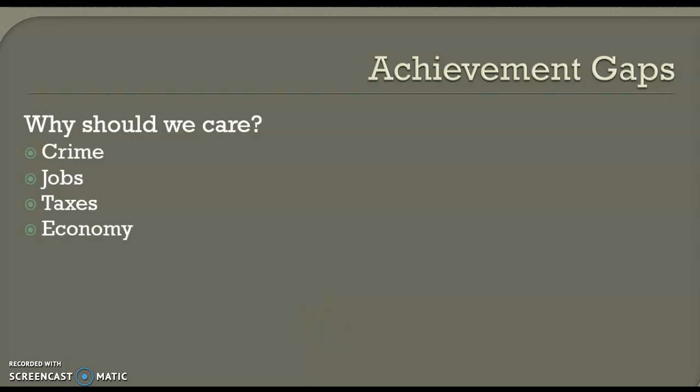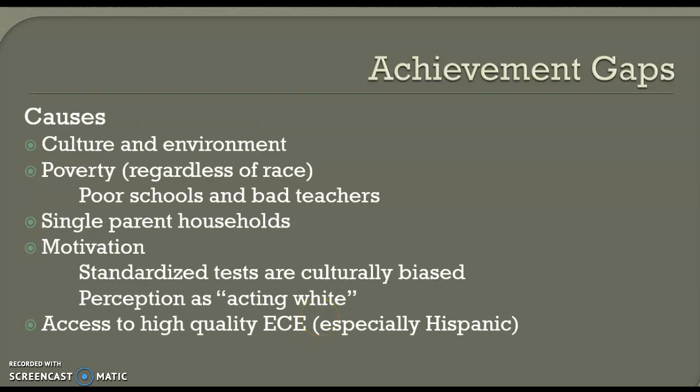The reason we should care is because of issues like crime, jobs, taxes, the economy. Because when you're thinking about it, typically if a child doesn't get help and they're behind in their skill level, it's likely that they're going to continue to be behind in their skill level. And one of the things that we need to focus on as early childhood providers is making sure that we know how to work with young children so that we can increase their skills and their development, leading to them being more likely to be ready for kindergarten when they get there.